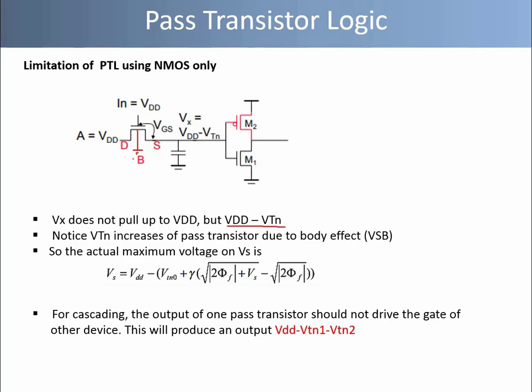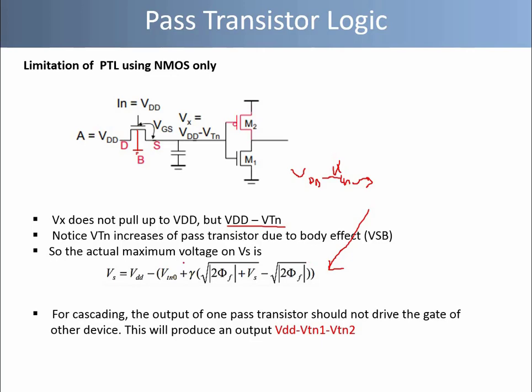As a result of this, the effective threshold voltage of this transistor increases. So the maximum value is VDD minus VTN, where VTN is equal to this quantity, increased because of this body effect.